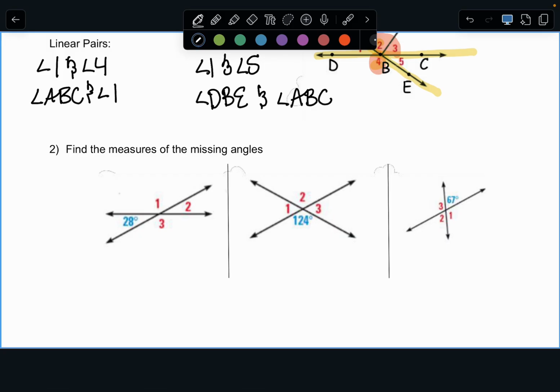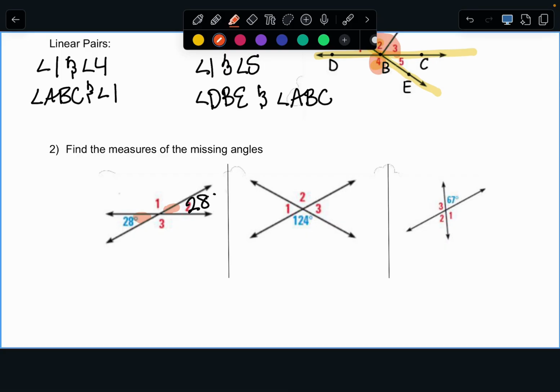And vertical angles are always congruent or supplementary? Congruent. So this angle 2 also has to be 28 degrees because these two angles are the same. And if this one's 28 degrees and it makes a linear pair with angle 1, what does angle 1 have to be?